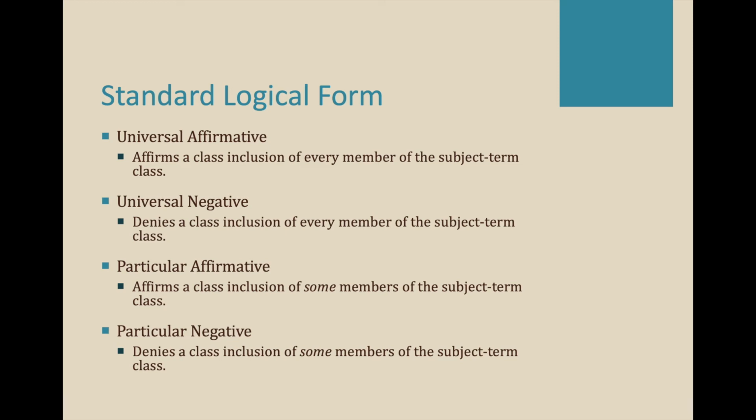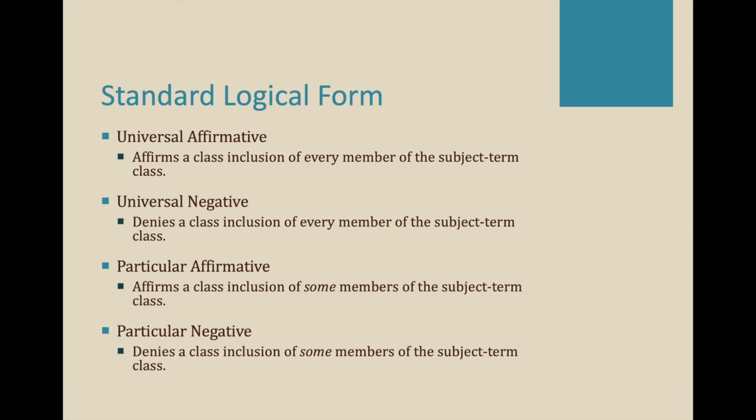So just by way of review, when we talk about a universal affirmative, we're saying every member of the subject term class is included in the predicate term class. And when we say universal negative, we're saying no members of the subject term class are included in the predicate term class, because it's a universal denial of inclusion.